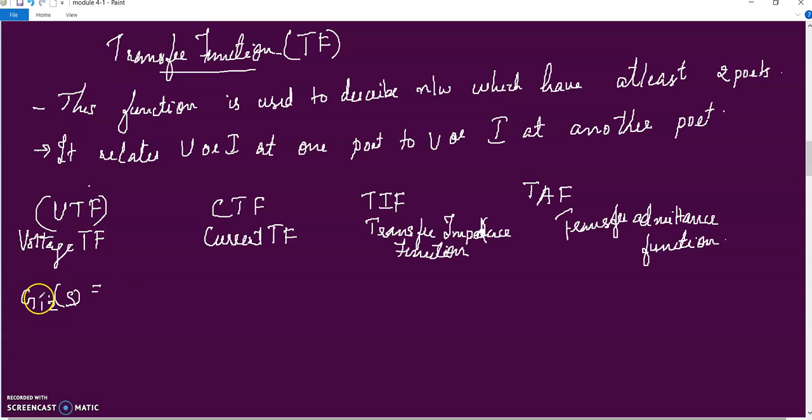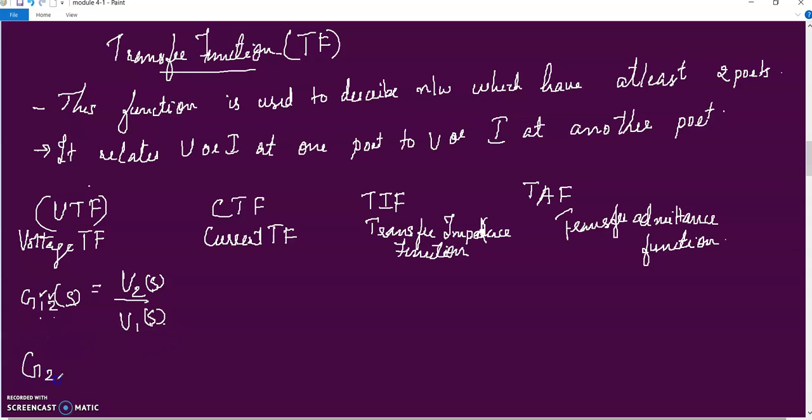Since G means voltage transfer function, we have voltage at both the output and input. G12 of S is equal to V2 of S by V1 of S, the voltage at the output by the voltage at the input.